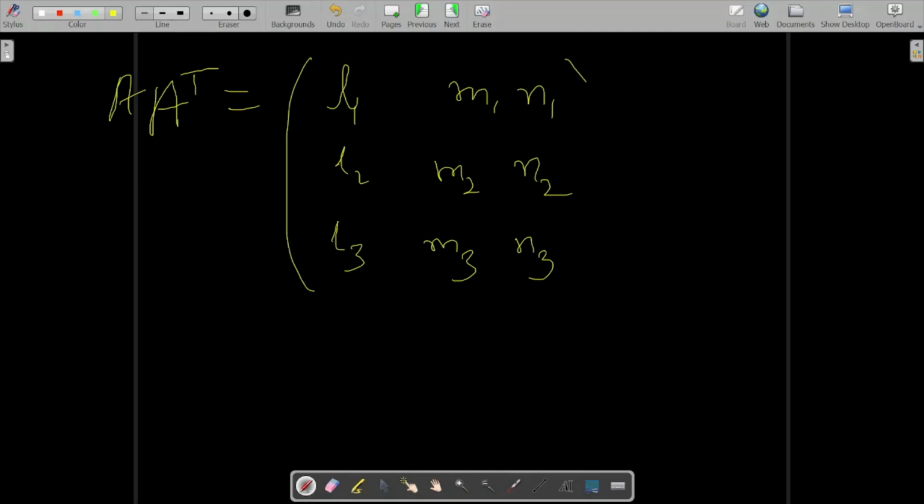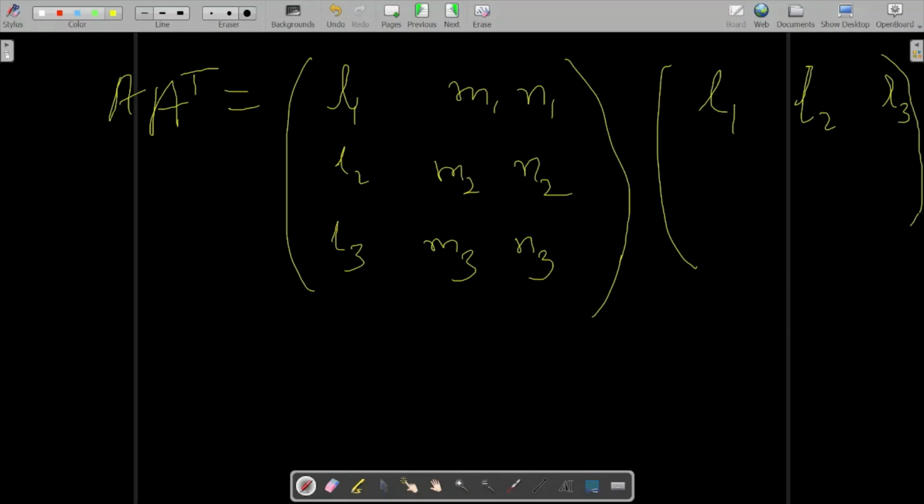And once again we will take the transpose and multiply it, so it will look something like this: L1 L2 L3, okay. Then we have M1 M2 M3, then we have N1 N2 N3, okay.